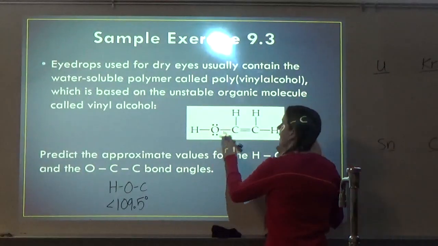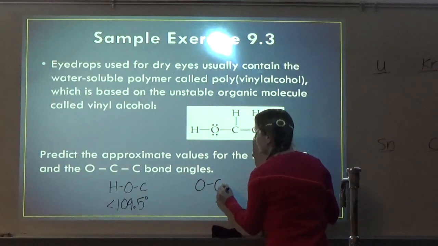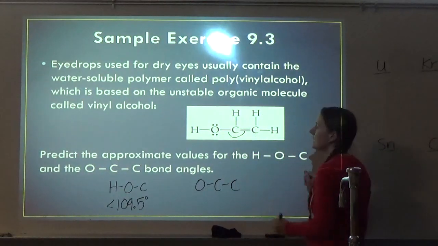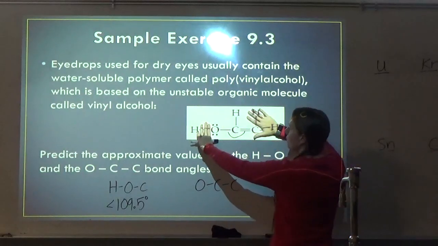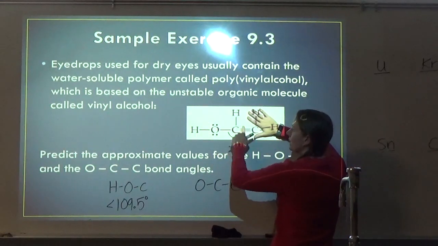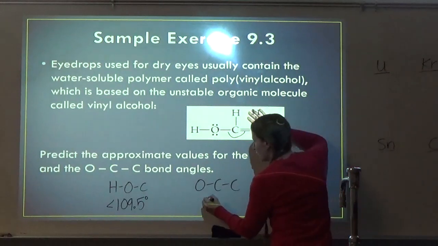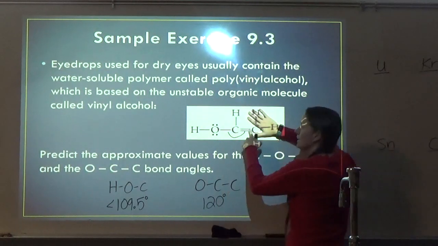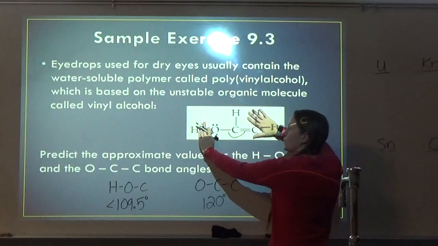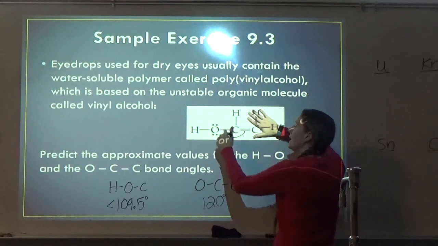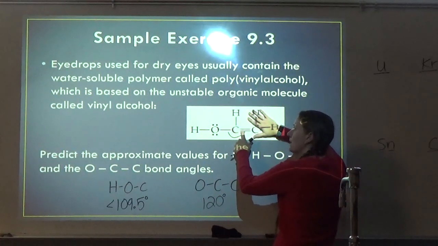Alright, so now let's look at our OCC bond angle. So we're going just like this. I just cut all this off. I have 3 domains around carbon. So of course that's normally 120 degrees, even though it looks like 180. There's 3 domains, that's about 120. Now of course one of them is a double bond.